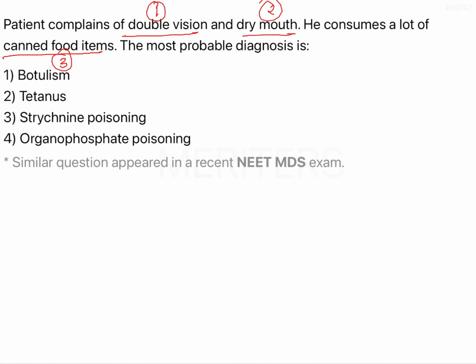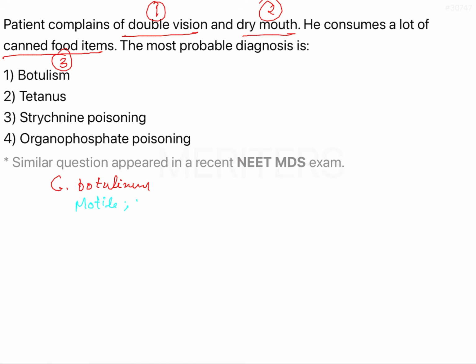And if we see, there's something called Clostridium botulinum. Now this Clostridium botulinum is basically a motile member of the Clostridium family.